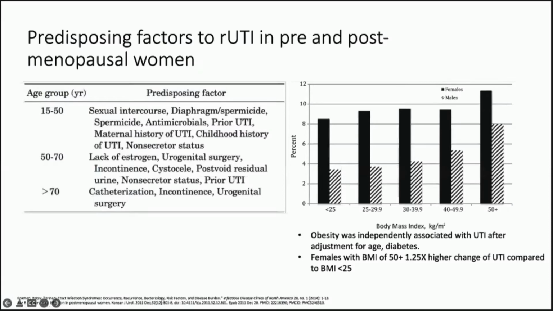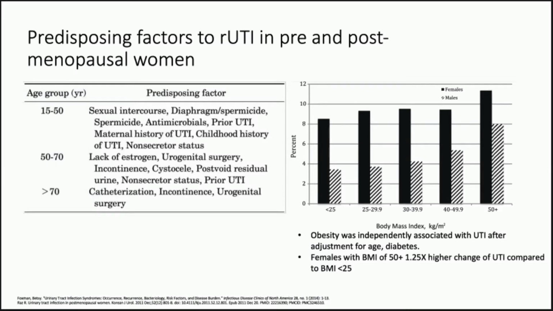When it comes to predisposing factors for recurrent UTIs, we'll usually see that they vary based on the age group. In younger sexually active women, we'll see that intercourse and spermicide use are present in several women with recurrent UTIs. But in older postmenopausal women, the lack of estrogen will play a larger role in their risk of recurrence.